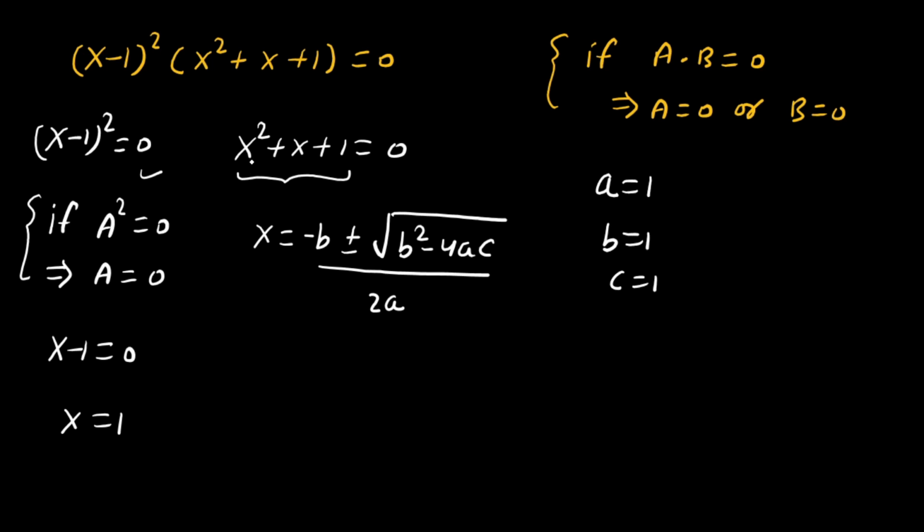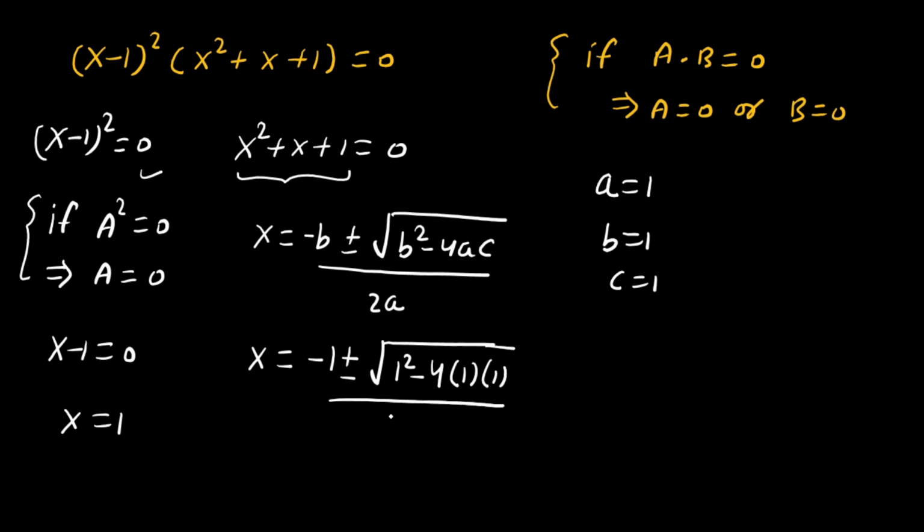The coefficient of x^2 is a, the coefficient of x is b, and the constant term is c. x = (-b, where b is replaced by 1, ± square root of (b, replaced by 1, squared - 4 times a times c, where c is 1)) over 2 times a, that is 1. x = (-1 ± square root of (1^2, which is 1, - 4)) over 2.